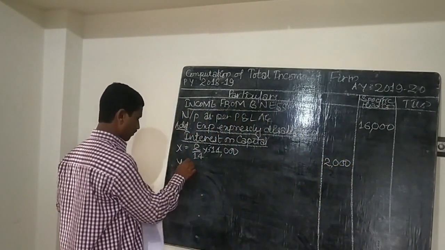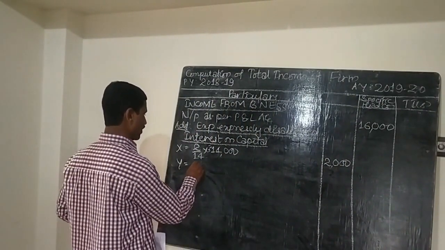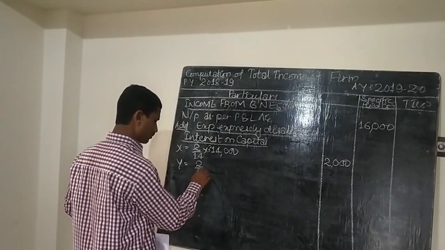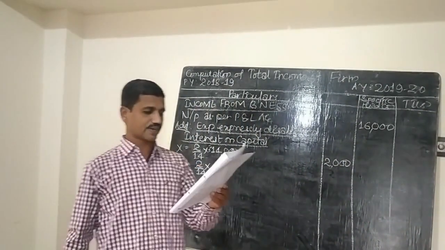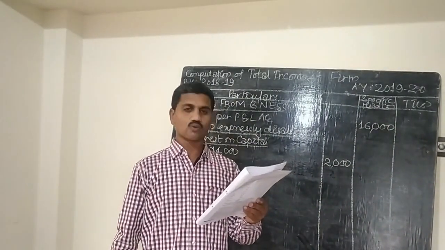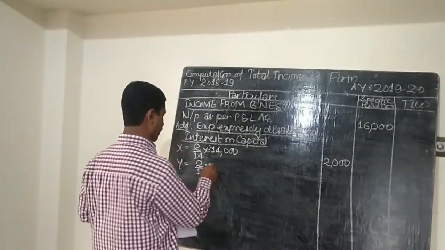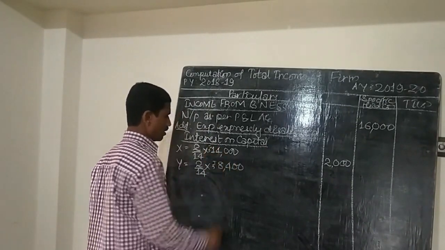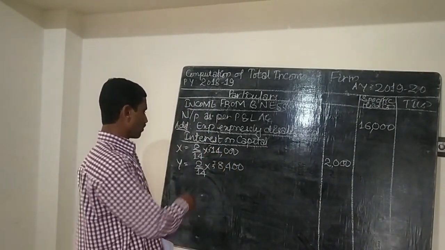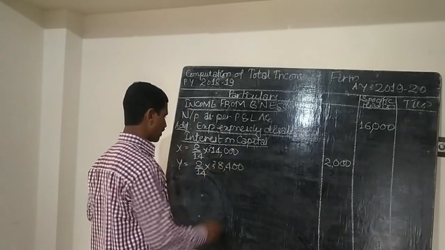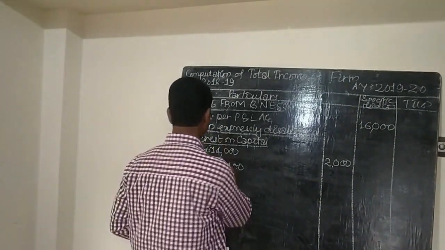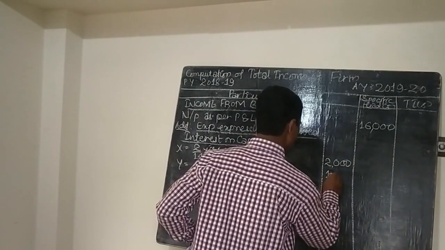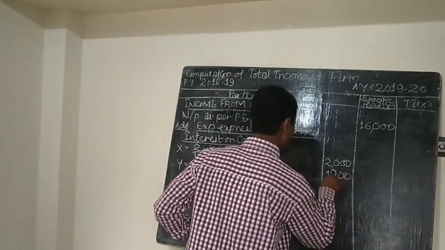Then Y, 2 by 14 into the amount of interest on capital allowed to Y, which is rupees 8,400. So 14 ones are 14, 6 twos are 12, so that comes to 1,200.